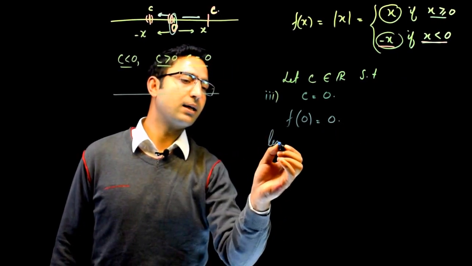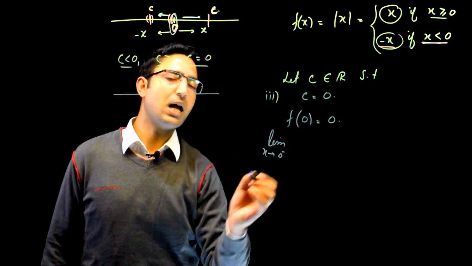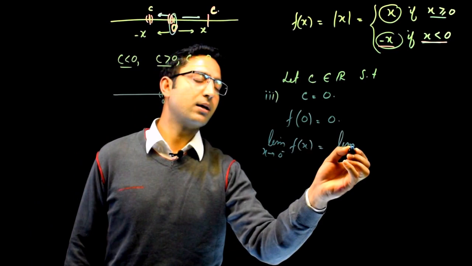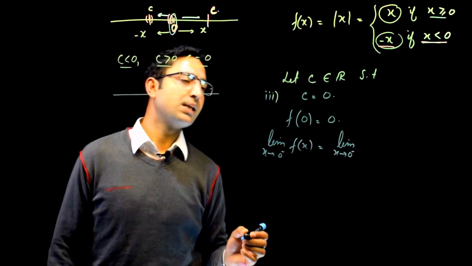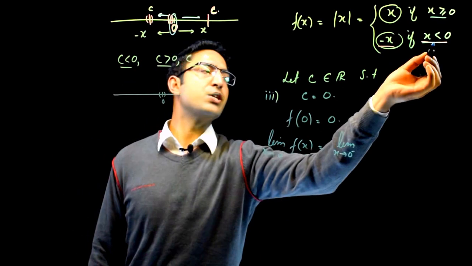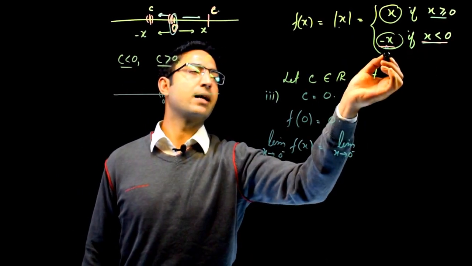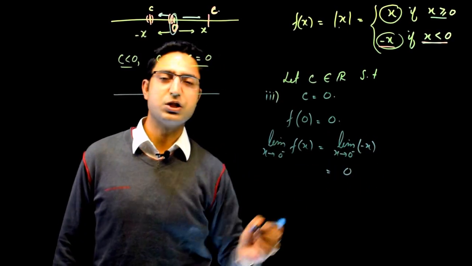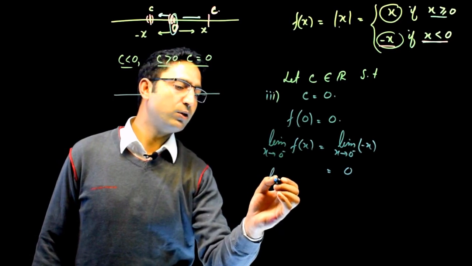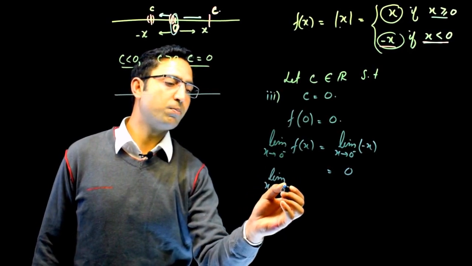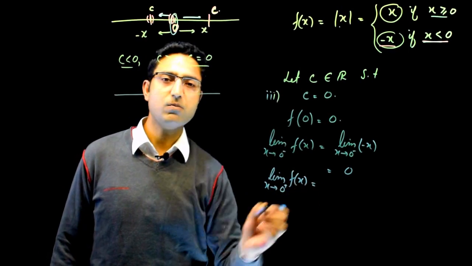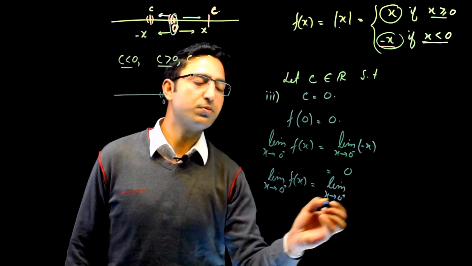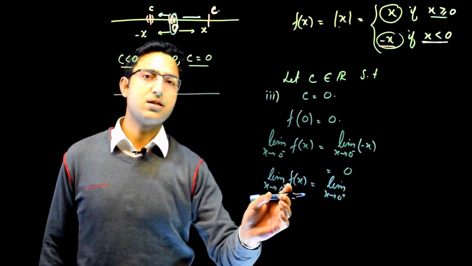Now we will look at the limit x approaches 0 negative, that means the left hand limit at 0 of f of x. 0 negative means x's are less than 0, but for x less than 0 f of x is defined as minus x, so this will be minus x, and when we take x as 0 this will be 0. Similarly, when we look at x goes to 0 positive of f of x, 0 positive means x's are greater than 0.